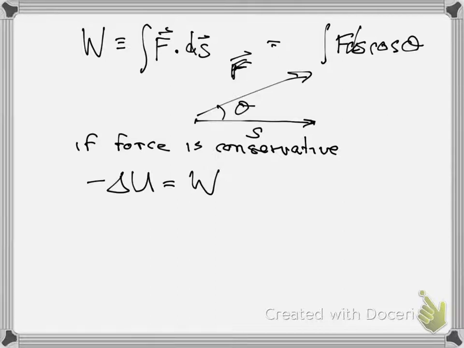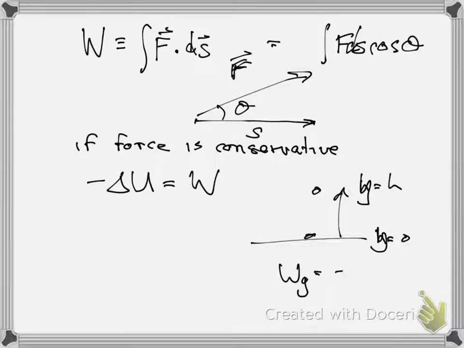Think about lifting an object up from y equals 0 to y equals h. The work done by gravity is going to be minus mgh because the gravitational force is down and the distance is up.